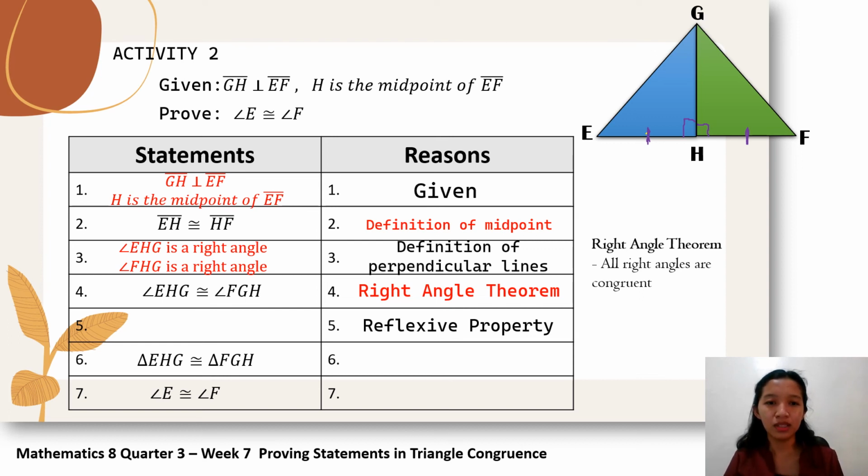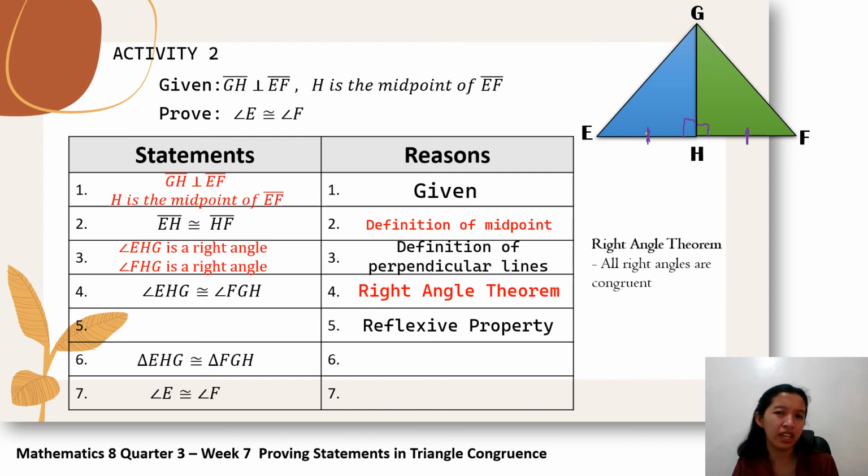And let's have our number 5. We have here in our reasons, reflexive property. So what line or angle will support the reflexive property? Analyze again the figure. Where do the two triangles have something in common?